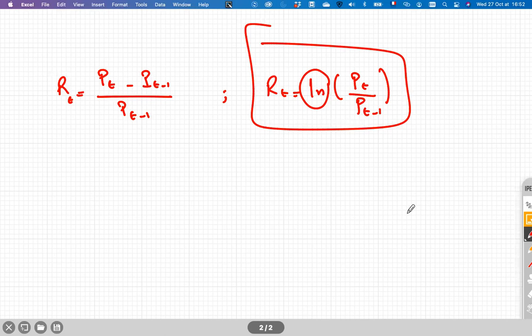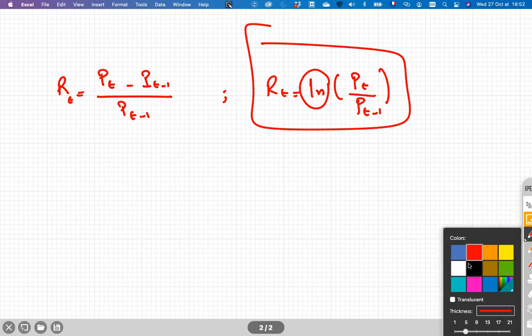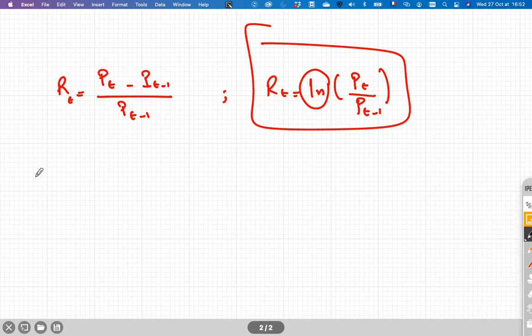So this is the covariance between two series X and Y. X and Y are two random variables.